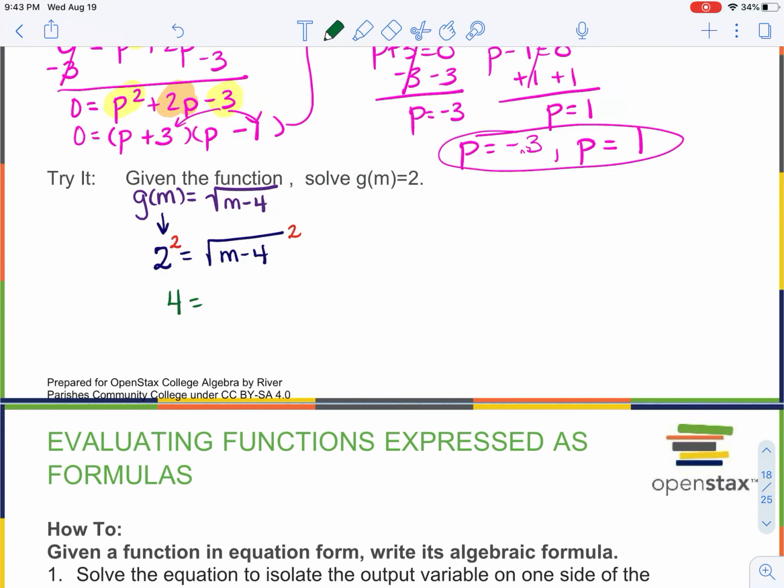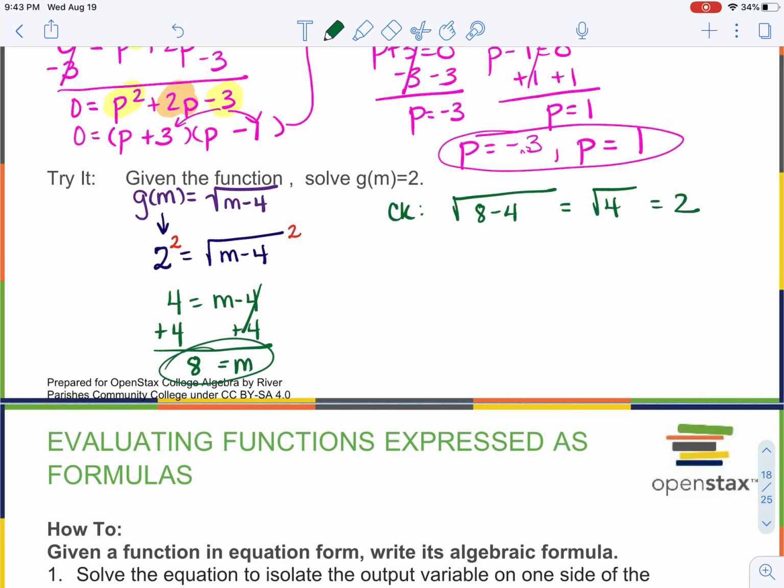And we get 2 squared, which is 4, is equal to the square root of m minus 4 squared, which is m minus 4. So in this case, we add 4 to both sides. m equals 8. And if you want to check it, 8 minus 4 is 4. Square root of 4 is 2. So, yes, that works.